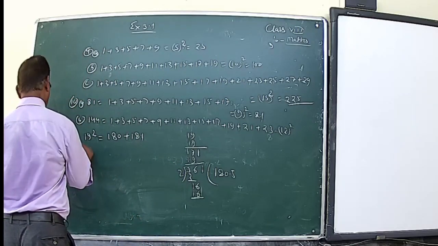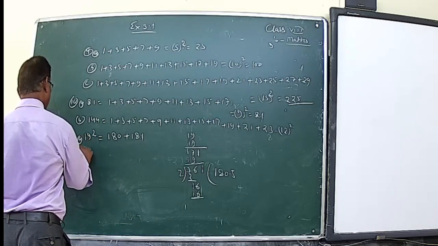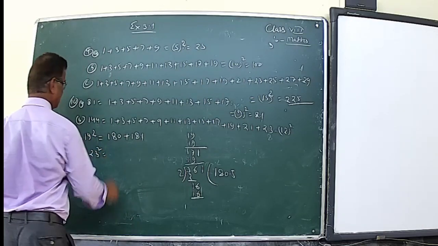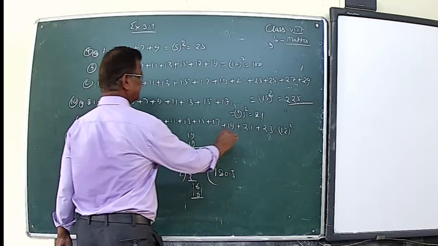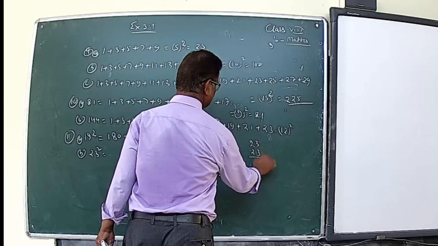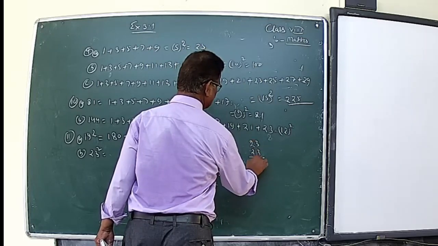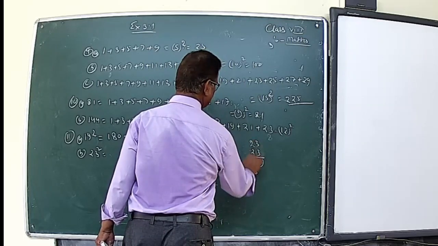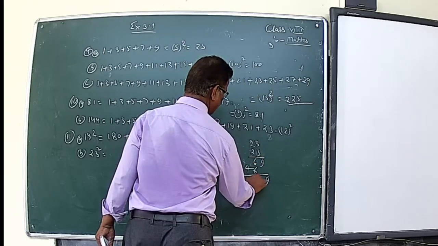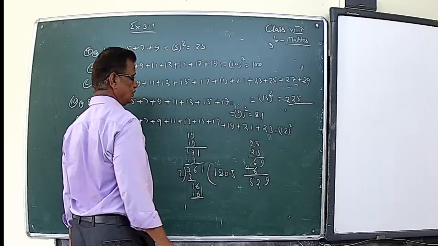Similarly, part B: 23 whole square is equal to, what is coming? 23 into 23 is 529.